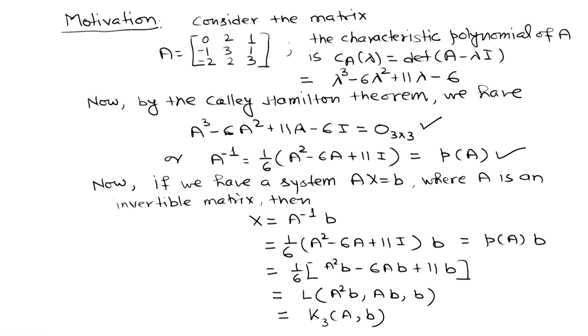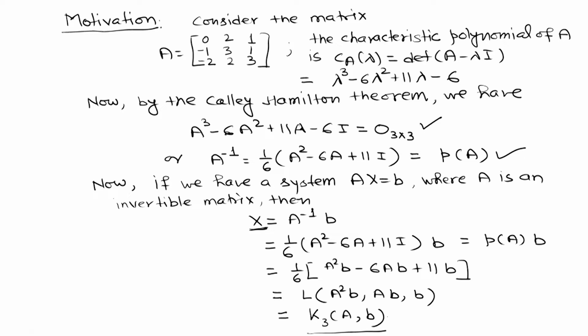So, hence the solution of the system Ax = b is a vector from the Krylov subspace K3(A, b). That is the motivation of using Krylov subspace for solving iterative systems. Now, what I want to mention here: if A is a large and sparse matrix, but non-singular, then the Krylov subspace method is a very effective method for solving linear systems.